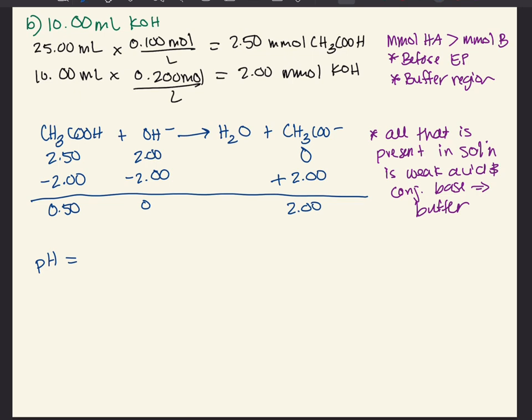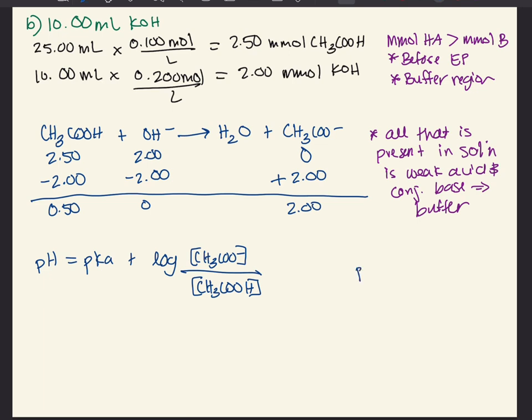So pH is going to be equal to pKa plus the log of the concentration of my conjugate base, which in this case is my acetate, over the concentration of my acetic acid. So I'm going to have to calculate my pKa.